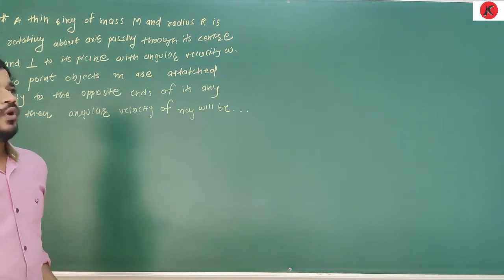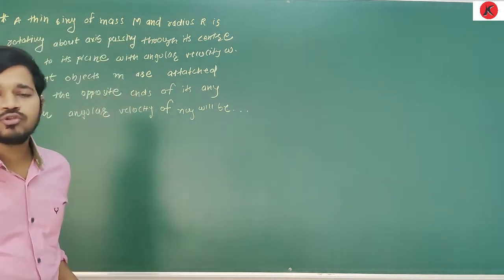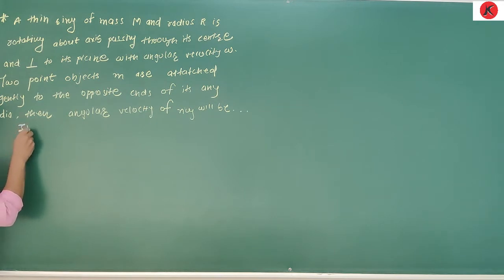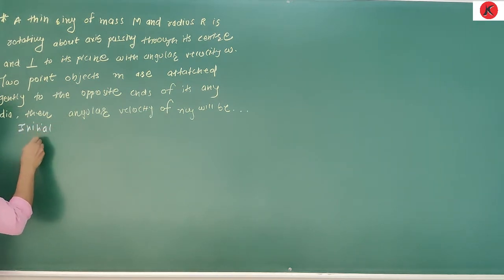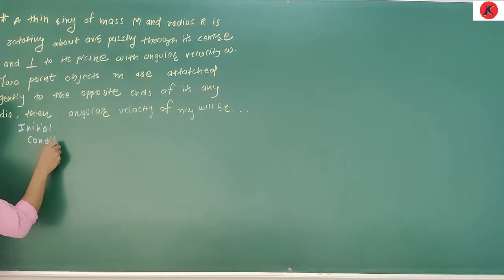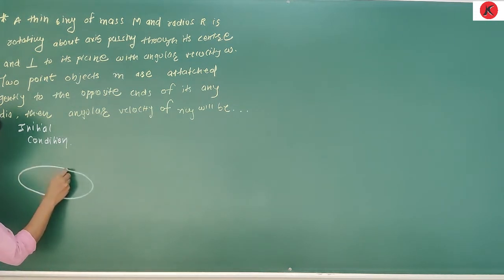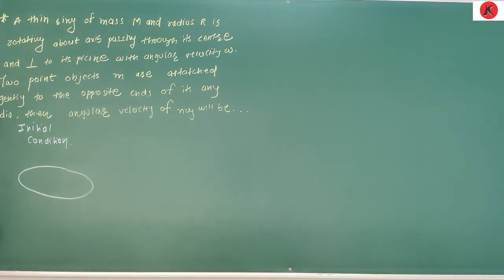First of all, whenever you are given such a situation, you have to draw a figure. What is the initial condition and what is the final condition? Initial condition: a thin ring of mass capital M and radius capital R is rotating about its axis, passing through its center and perpendicular to its plane, with angular velocity omega.